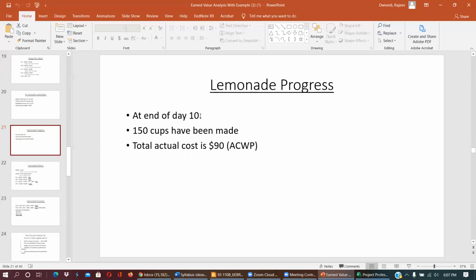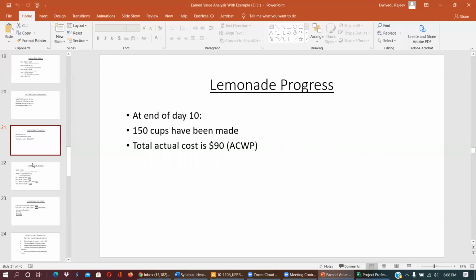At the end of the 10th day, they checked and found that 150 cups are made, and the total actual cost spent is $90.